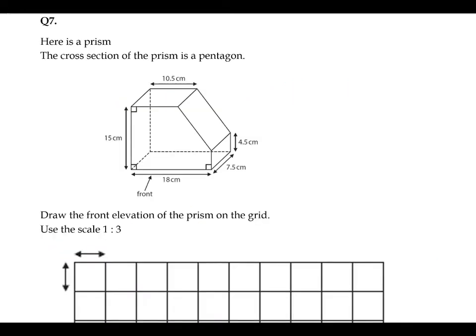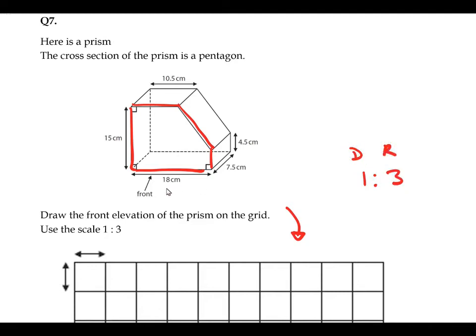Question 7. Here is a prism. The cross-section of the prism is a pentagon. Draw the front elevation of the prism on the grid using the scale 1 to 3. So we need to draw this shape onto our diagram using a scale of 1 to 3, where we have our drawing and our real prism.